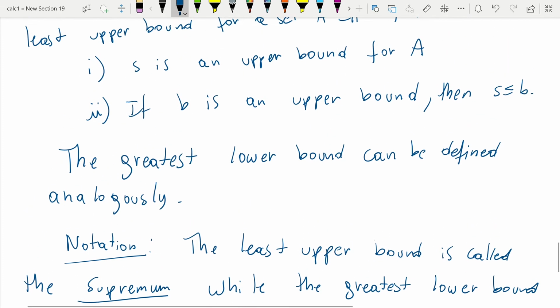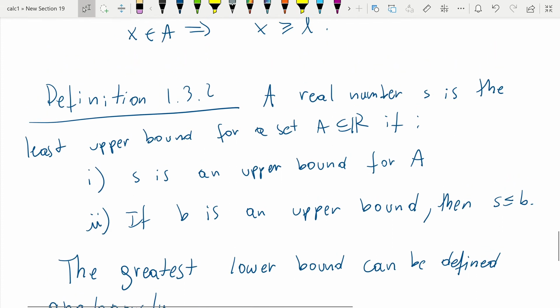So we have the supremum and the infimum now, and we will refer to these numbers as either the supremum, respectively the infimum, or the least upper bound, or the greatest lower bound.